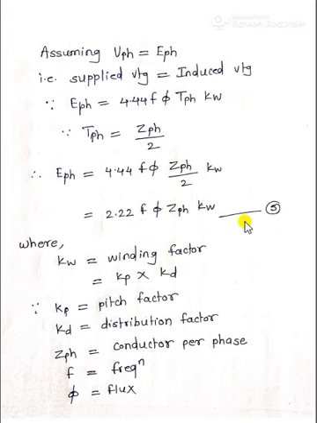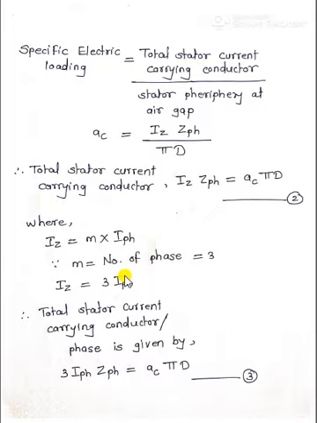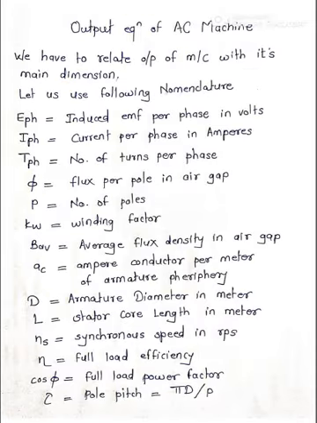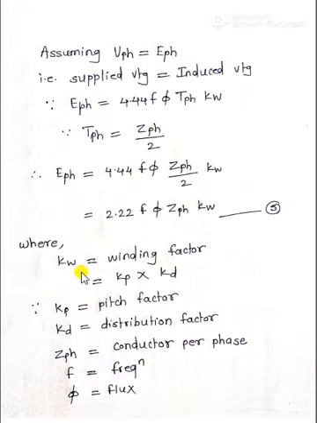Equation number 5, where this kW is the winding factor, a product of Kp into Kd. Kp means pitch factor, Kd means distribution factor, Z phase means conductors per phase, F means frequency, phi means flux.